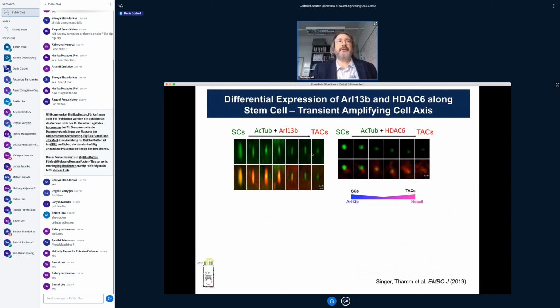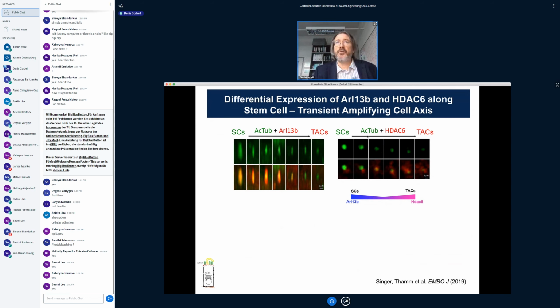First, we can see that from the stem cell to the transient amplifying pool, the expression of IL-13B goes down, as you can see in red here. In the stem cells with long cilia, you have a lot of IL-13B, and the more you go toward the transient amplifying cell, the amount of IL-13B goes down, and so does the size of the cilium.